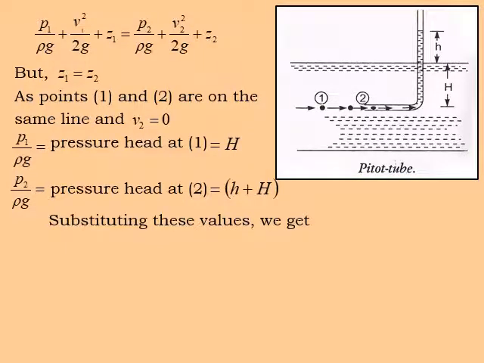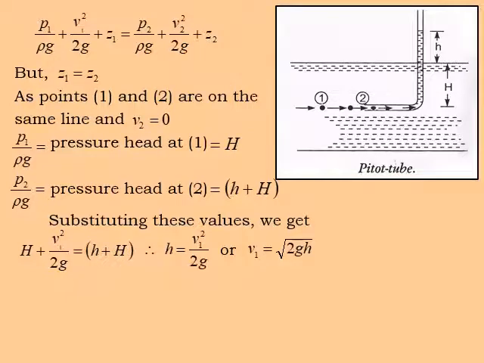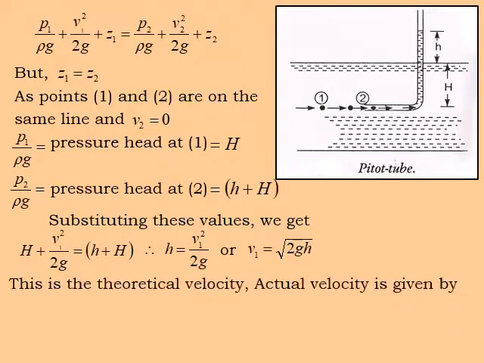Substituting these values, we get H plus V1 square by 2g is equal to small h plus H. Therefore h is equal to V1 square by 2g, or V1 is equal to square root of 2gh. This is called the theoretical velocity.